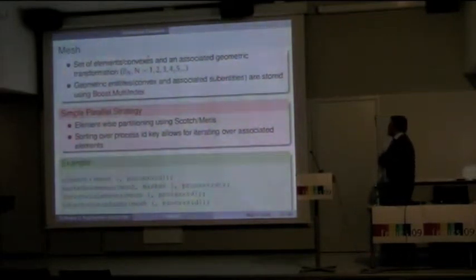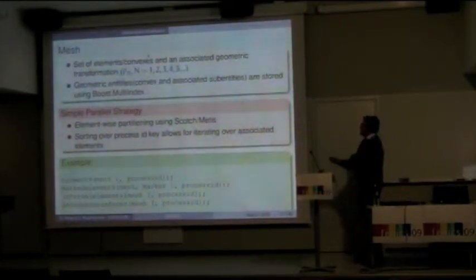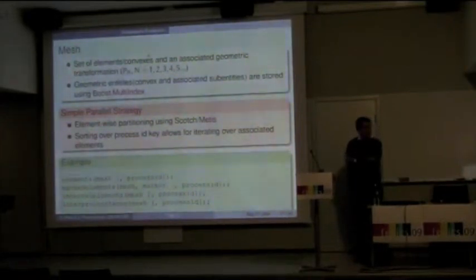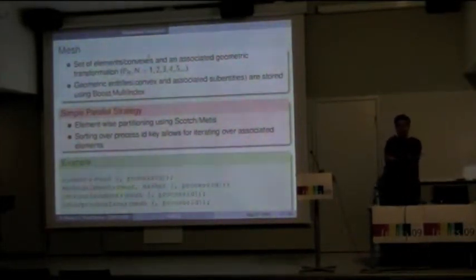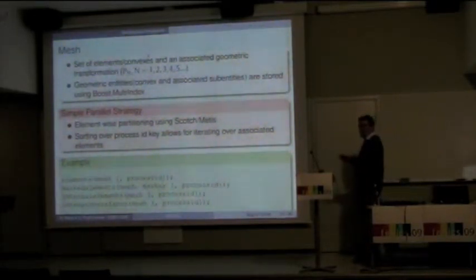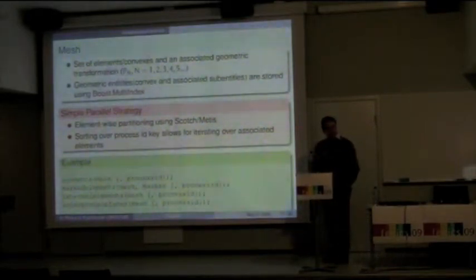So regarding the mesh data structure, we handle different kinds of convexes, with associated geometric transformations that can be high order. And one particular Boost library that we use is called the Boost multi-index library. This is extremely convenient because it allows you to view your data structure using many different iterators.